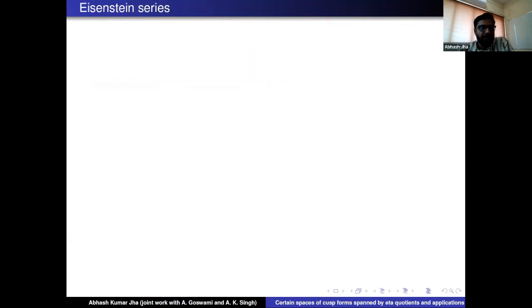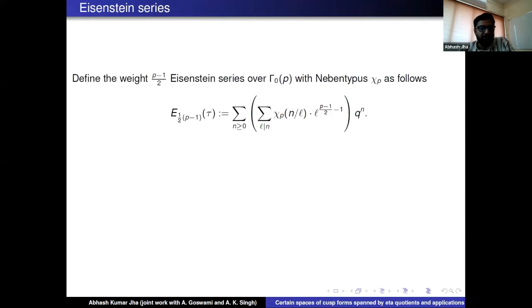Then another thing is the Eisenstein series which I was talking about. For my purpose, I'm defining it with weight p minus 1/2 on this group, and it is defined by this infinite series, running over divisors of n, with chi p of n over l and l to the power (p minus 1)/2 minus 1, times q to the power n.